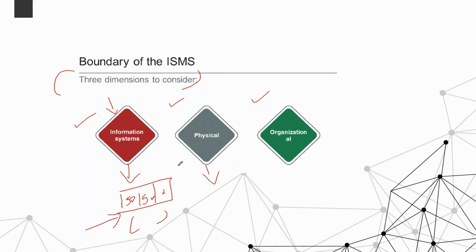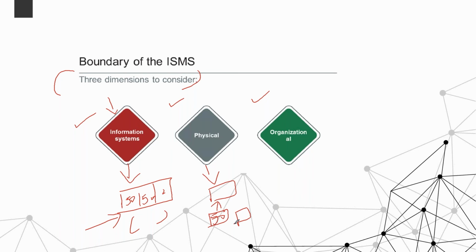Now, physical boundaries of the system. How these 50 devices have been connected, where they have been connected, in what perimeter they have been connected, which firewall has been used, in which building, in which city. So what are the physical security boundaries to secure that particular information system? Let's suppose 50 laptops have been used in one process. Where have these laptops been placed?